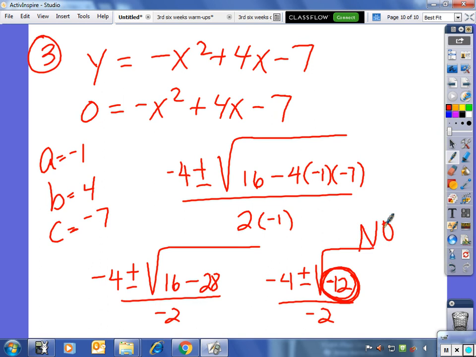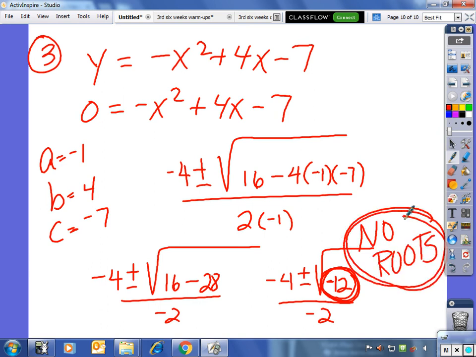You're going to put no roots. Now please listen carefully. The answer to this problem is no roots. I will only give you credit, though, if you show me that you tried to use the quadratic formula and then you realize, uh-oh, I can't take the square root of negative 12. So you're not going to get credit for the answer if you don't have work, and the work better be the quadratic formula. Nicole, did you not get negative 12 in there?